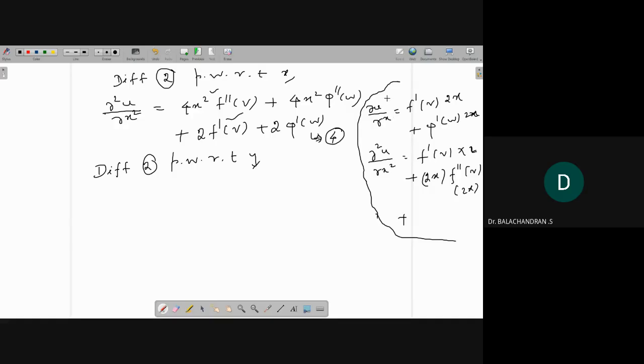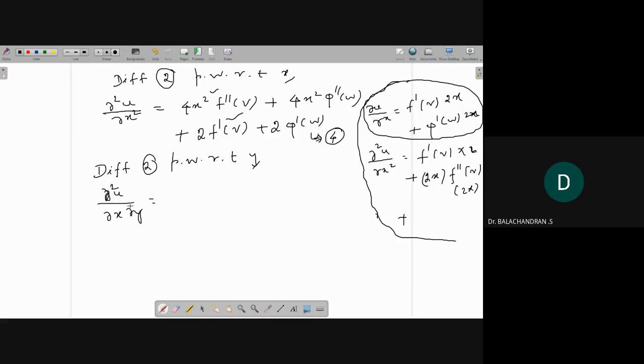I need to differentiate this one with respect to y. So dou square u by dou x dou y.